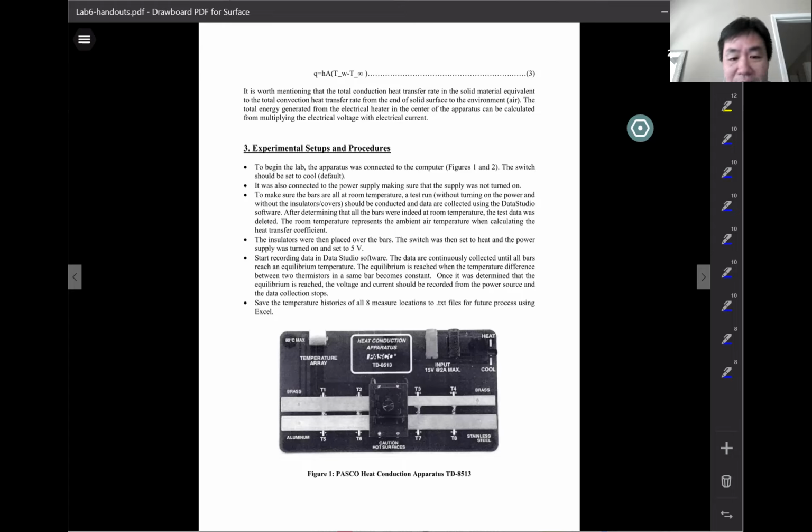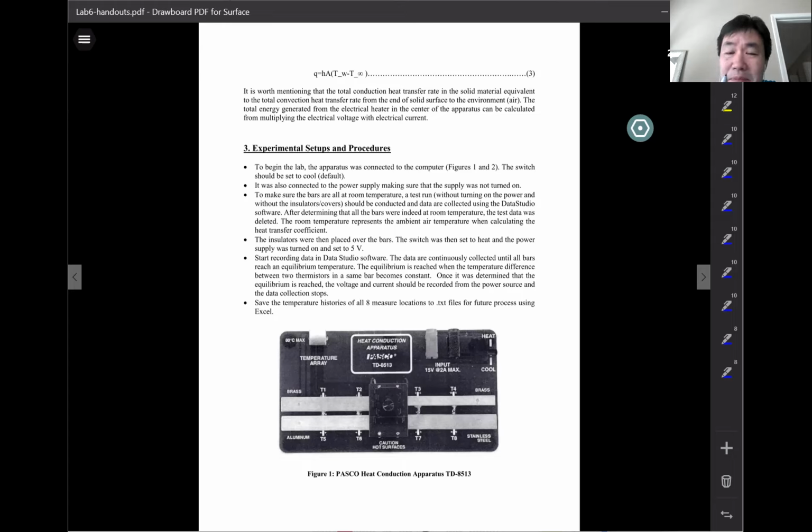So that's the first thing I want you to verify, the heat balance. There will be a little bit of loss from the heater, and also a little bit lost to the side. The insulator is not perfect, so the summation of the 4 Qs should be smaller than the total heat generated. That's reasonable.